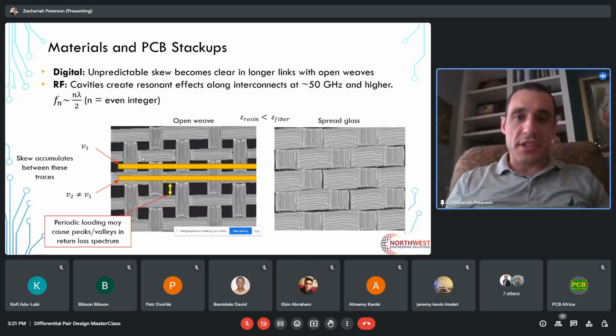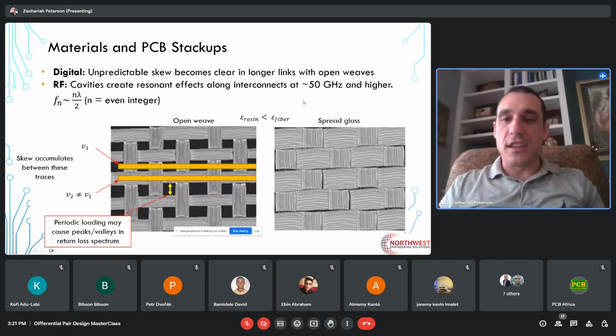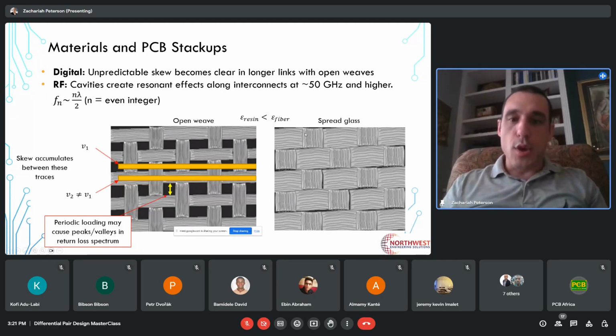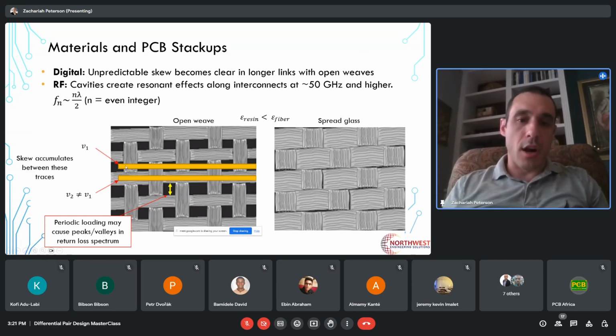Now, there's something else that happens once you get into the 50 gigahertz range, and this is in the PAM4 range. So now when you're operating at PAM4 224G interconnects, you have another issue with open weaves, which is called periodic loading. And periodic loading was first noticed in RF systems where you are basically just sending a harmonic signal or a modulated signal along one of these traces.